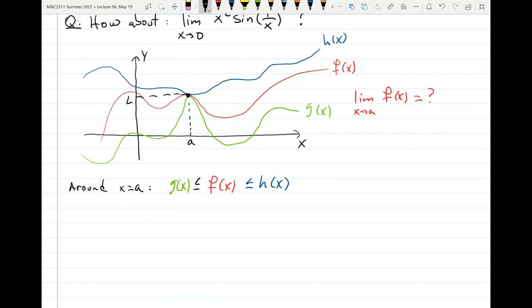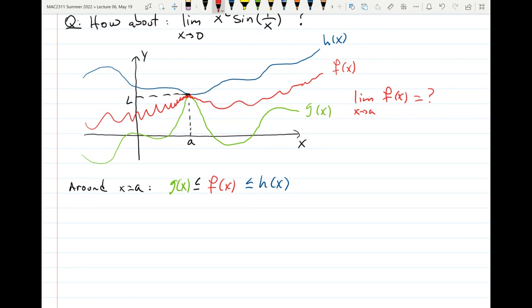What do you think is going to happen to the function that's in the middle, which could be a very bad function, something that's behaving very crazy? Let me attempt to do something more crazy for f.